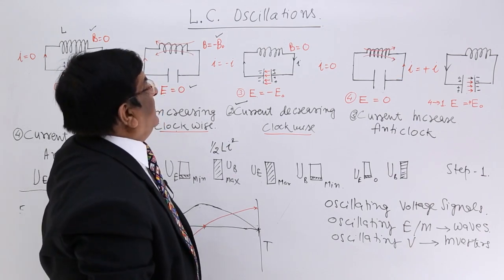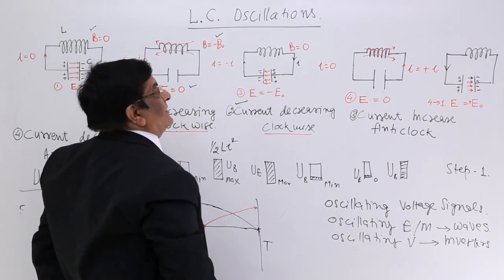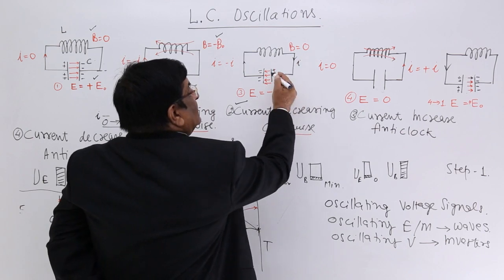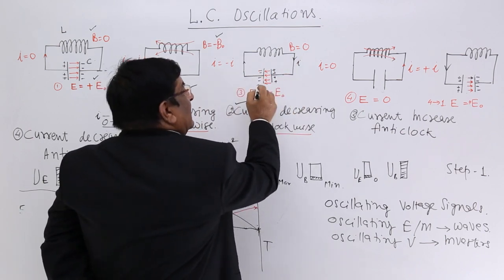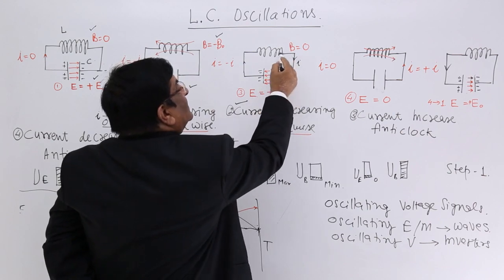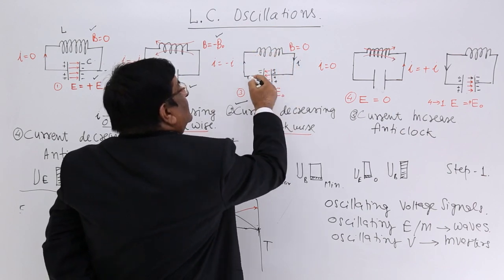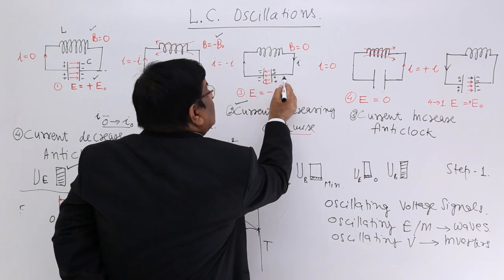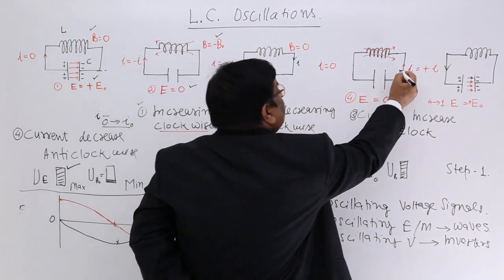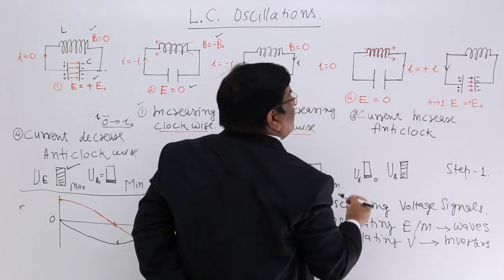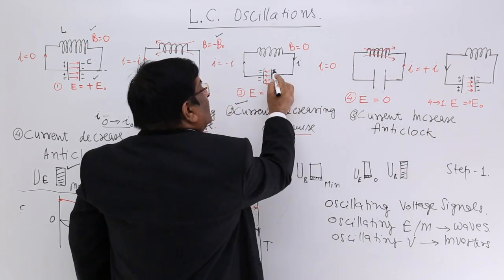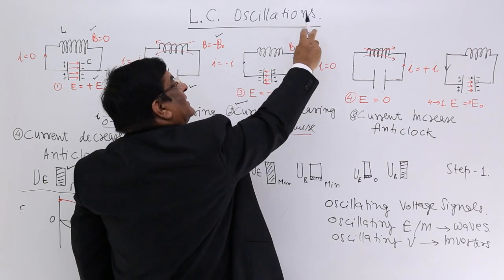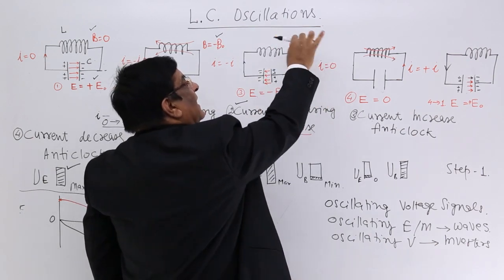Now, when the current becomes 0, what happens? All these positive charges wish to go to the negative end and a path is available, this copper wire. So they start current this way. Now the current increases anti-clockwise. All these charges again start traveling this way and they form an electric current.